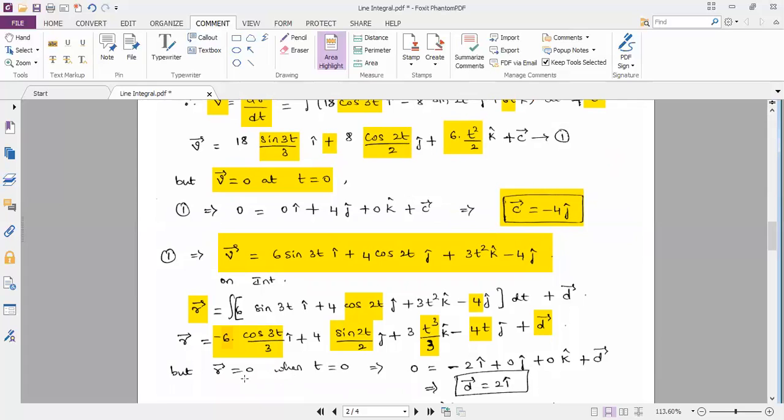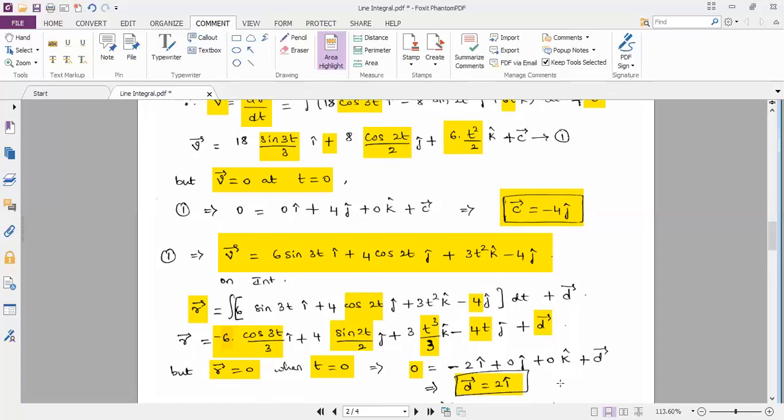Now the second condition given is vector r is equal to 0 when t = 0. So I'm imposing this condition in the previous expression. R is equal to 0, so the left hand side is 0. T is equal to 0, so recalling the property, sin 0 is 0, cos 0 is 1. We simplify and we obtain the expression for d as 2i.